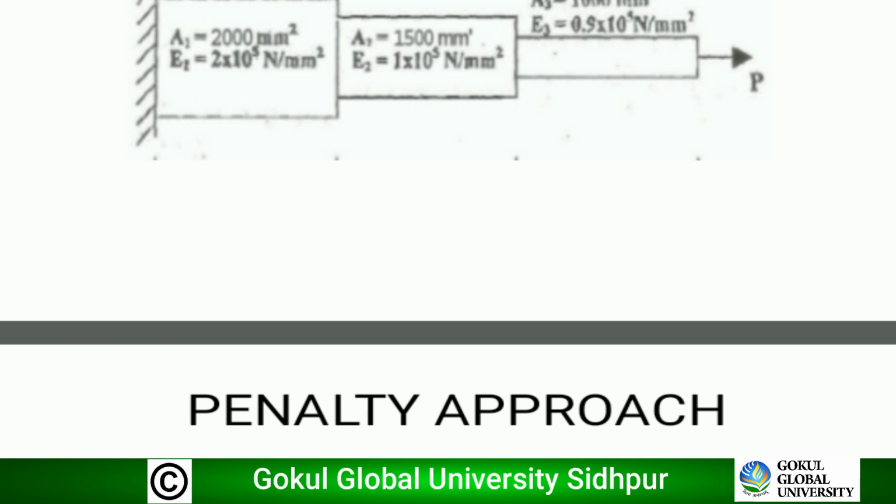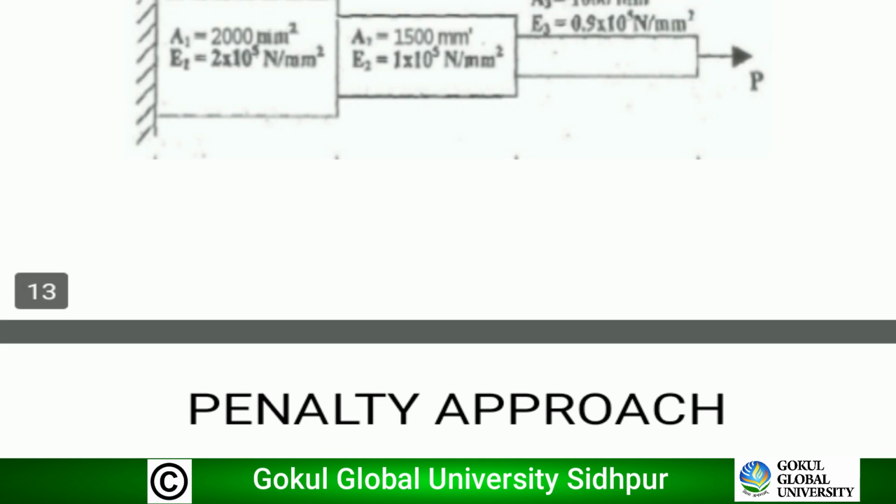Then in the matrix equation, K11 plus C is added at node number 1, and K33 plus C at node number 3, added diagonally.